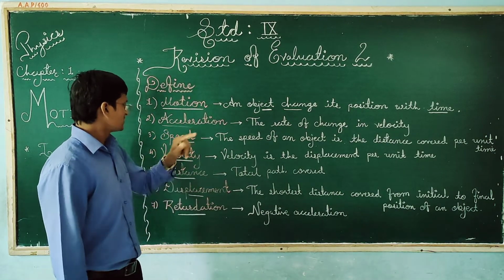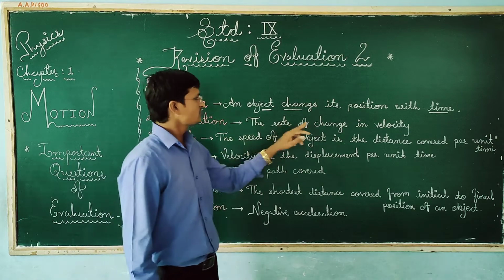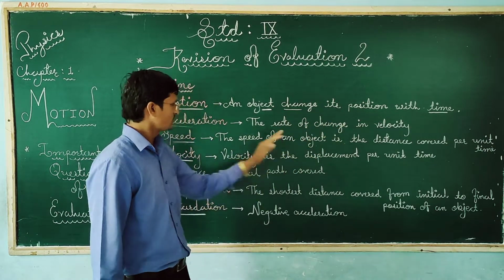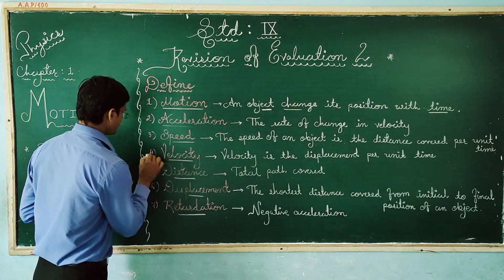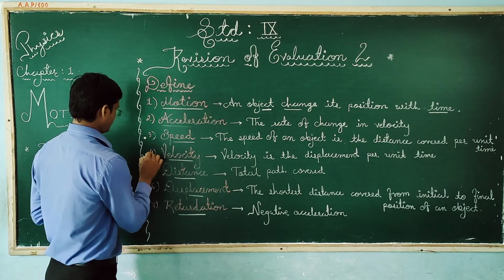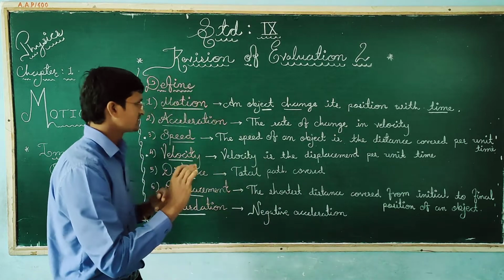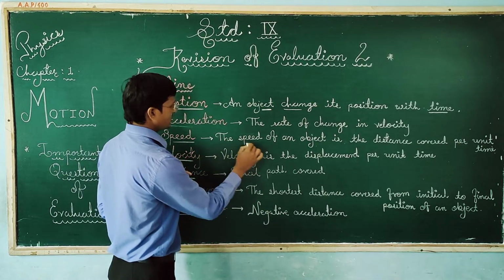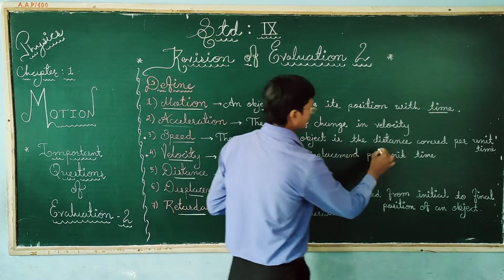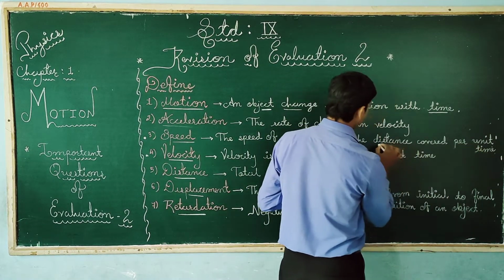Next, acceleration. It is a rate of change in velocity. Here, first I want to define velocity and speed. The speed of an object is the distance covered per unit time.